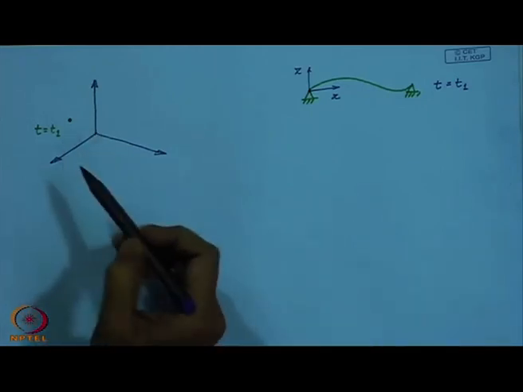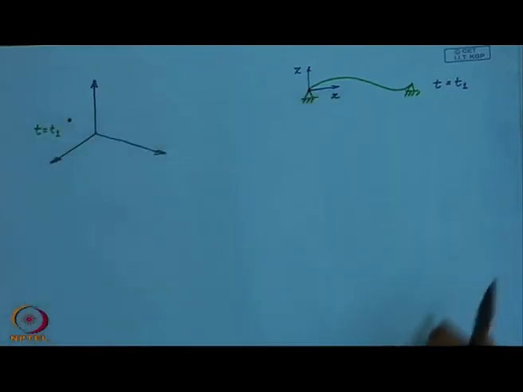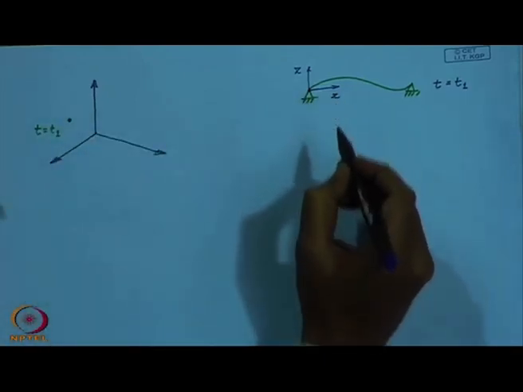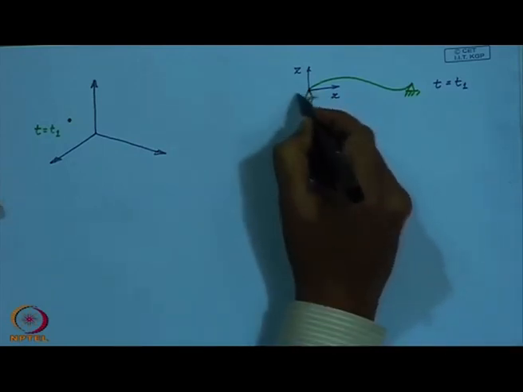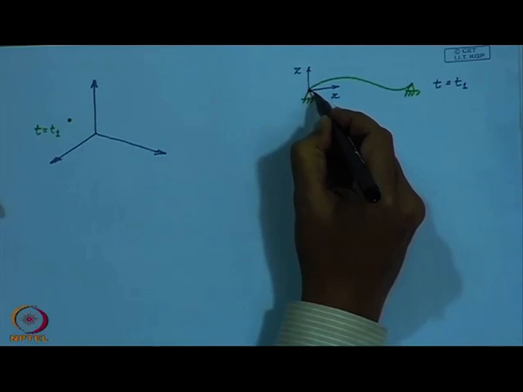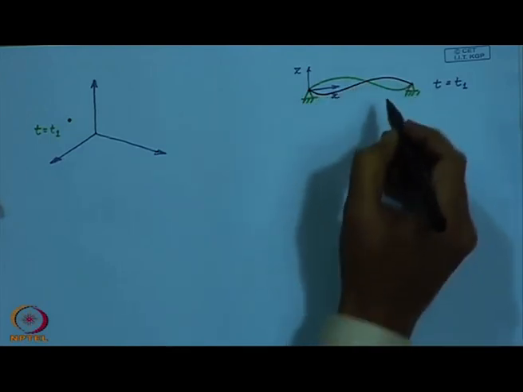Now, suppose I close my eyes and allow this string to move, and suppose at time t equal to t2 it attains a configuration like this.